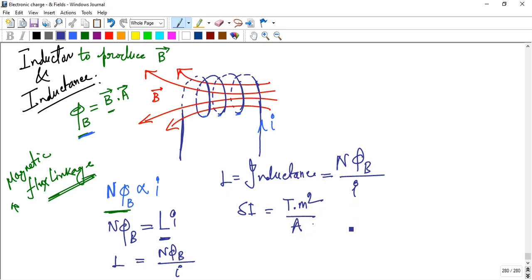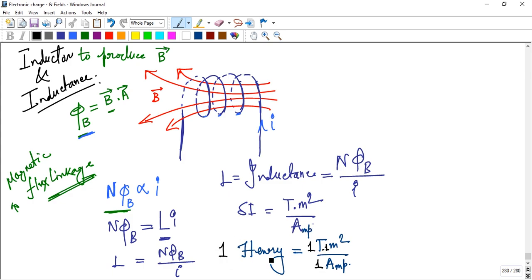So the SI unit is Tesla meter square per ampere, and another name is Henry. So 1 Henry equals 1 Tesla times 1 meter square by 1 ampere.